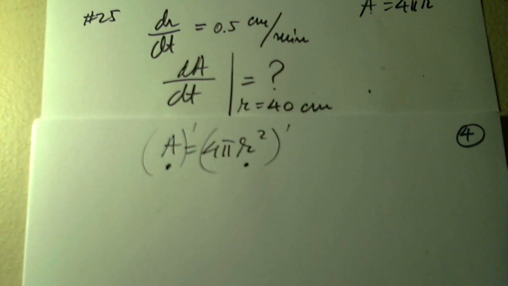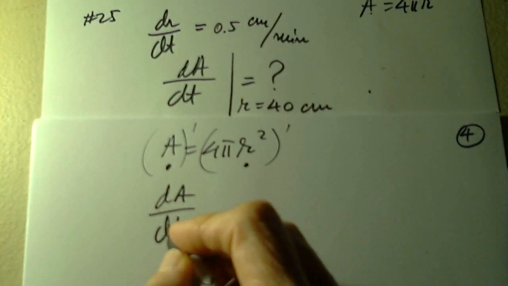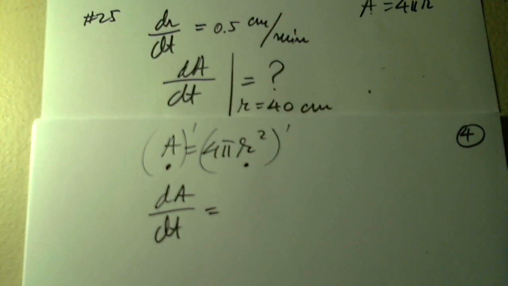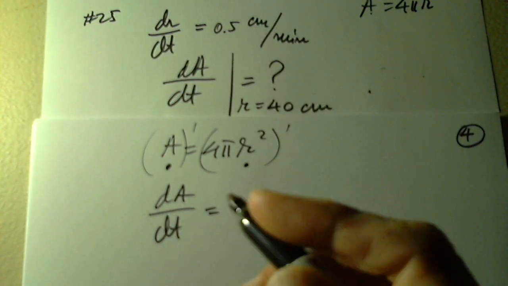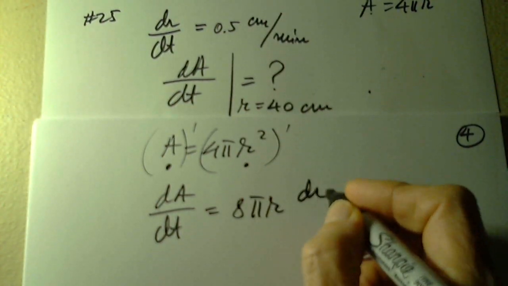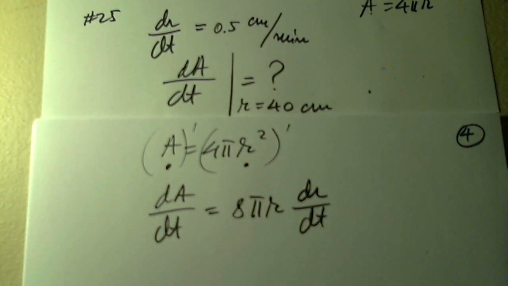What do we write on the left-hand side? dA over dt. Excellent. What do we write on the right-hand side? 8 pi r times dr over dt. That's it. Absolutely.